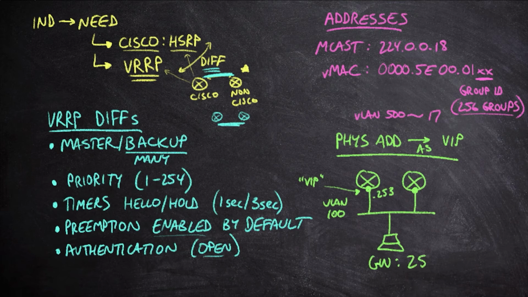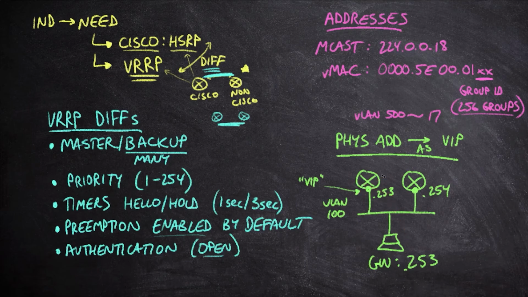So my default gateway points to 253. I'm still going to configure this router with its own IP address of .254. And so if we think about this, this is interesting because now I'm going to be pointing to this IP address, and if this device were to go down, I just lost access to my gateway. I lost access to 253.